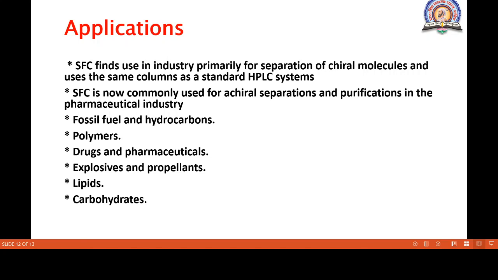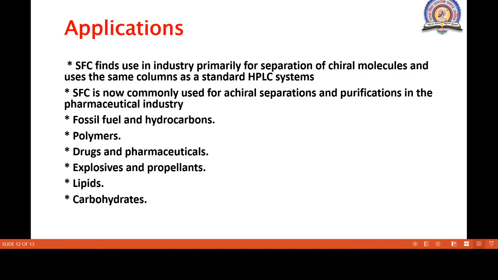It uses the same column as a standard HPLC system. SFC is now commonly used for achiral separation and purification in the pharmaceutical industry. Means achiral separation is also done by using this technique. Fossil fuel and hydrocarbons are also separated by using this technique.